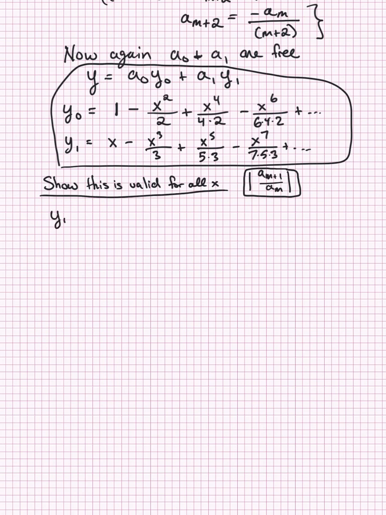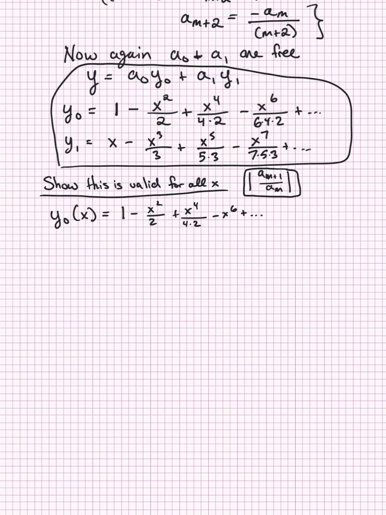So if we write y0 of x is equal to 1 minus x squared over 2 plus x to the 4th over 4 times 2, and so on.